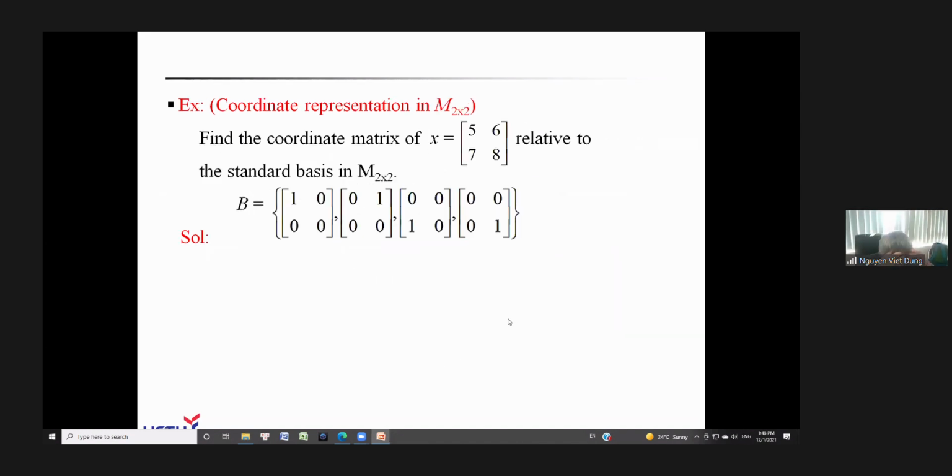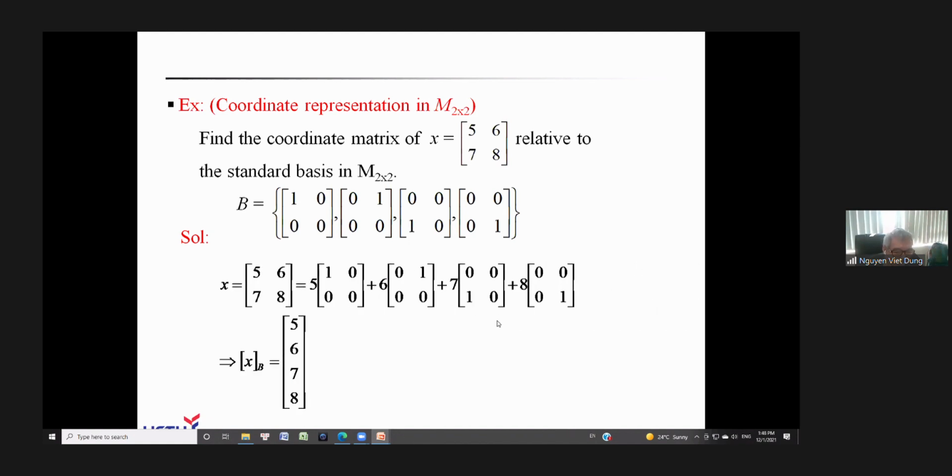Again, the last slide of lecture number 4: suppose that in M2 by 2 we consider the standard basis B, and you are given a matrix X. How can we find the coordinates of X relative to the standard basis B?